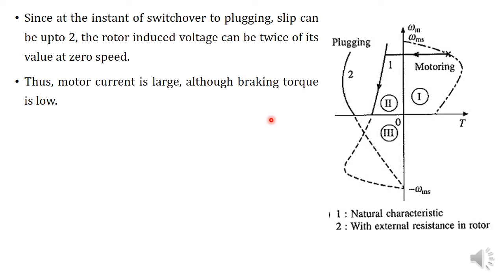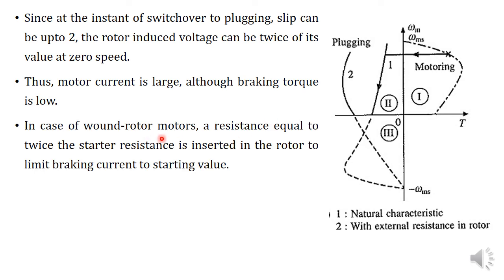So in order to prevent the flow of high motor current, we can insert some resistance in the rotor circuit if it is a slip ring induction motor. In the case of a wound rotor or slip ring induction motor, a resistance equal to twice that of the starter resistance is inserted in the rotor to limit the braking current to the starting value.